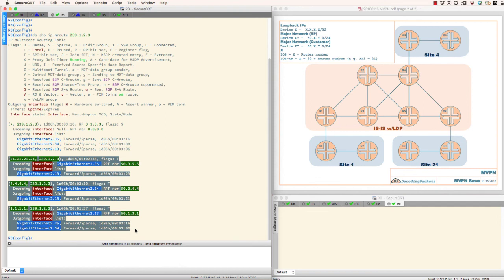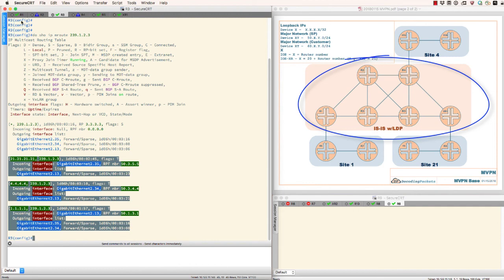Now we are going to change this with PIM SSM. And the very first thing we're going to do then with PIM SSM is to make sure that all of the core routers, that is R1 to R5 plus XR1, all understand PIM SSM and they can process PIM SSM. They do not do this by default.